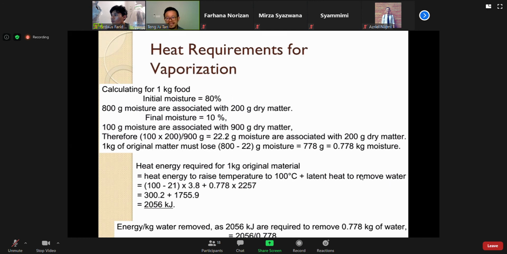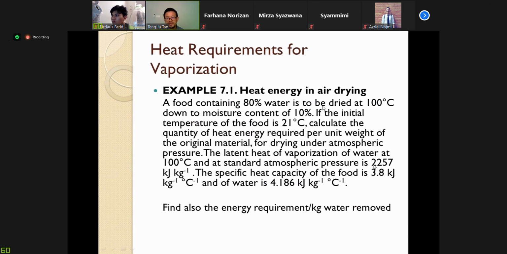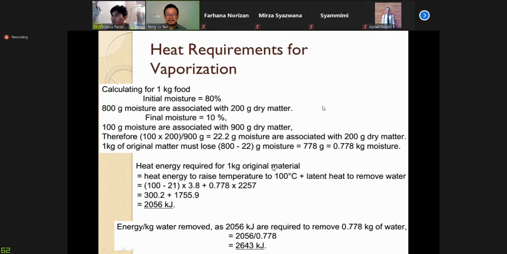Plus the latent heat to remove water. The latent heat of vaporization of water is given in the question as 2257 kilojoules per kg. It means to remove 1 kg of water, you need this latent heat. But we are not removing 1 kg, so you calculate proportionally.